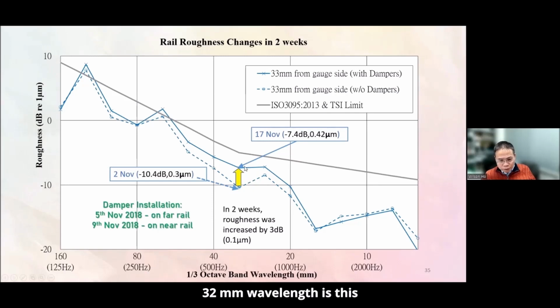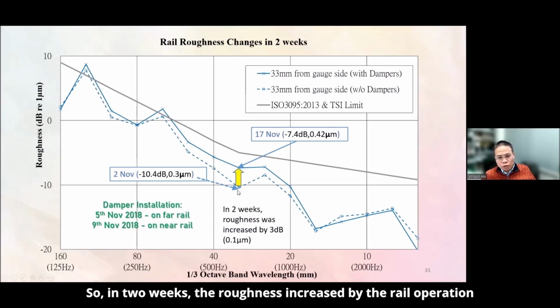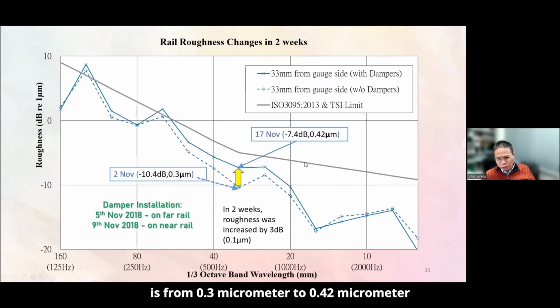So in 2 weeks, the roughness increased through rail operation from 0.3 micrometer to 0.42 micrometer. Within 2 weeks, the roughness increased 0.12 micrometer.